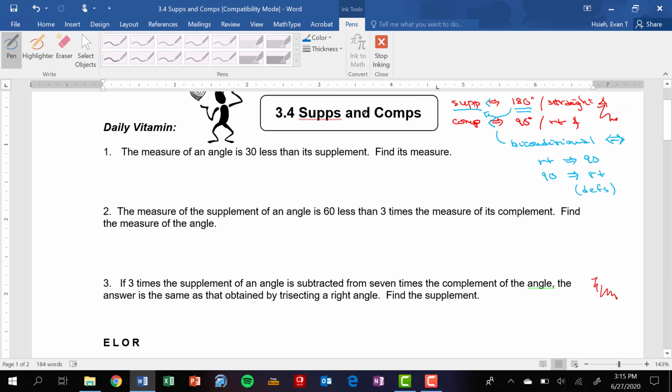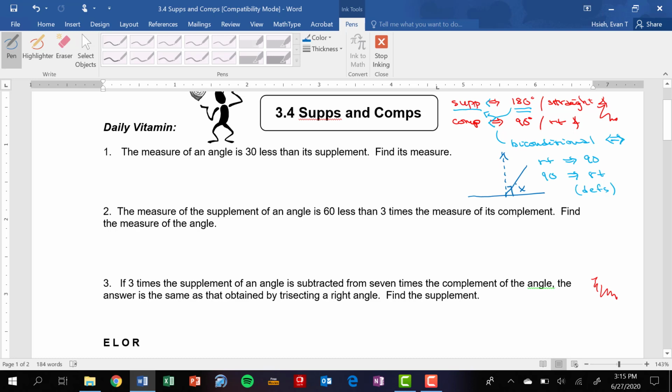All right, so there's some word problems. I know everyone's favorite is word problems on top here. And the way I'm going to do this is I'm going to draw a little diagram here. If I have an angle, and let's call the angle X, and here's a perpendicular line here.